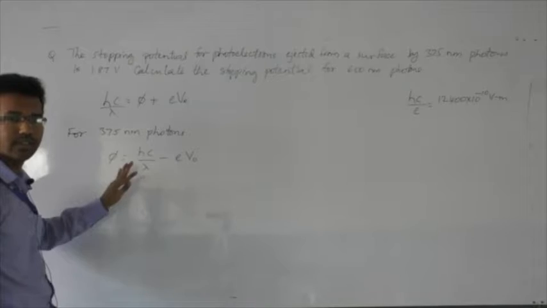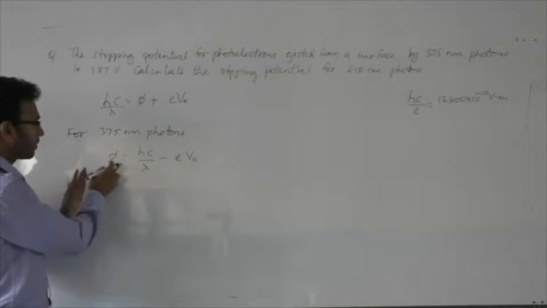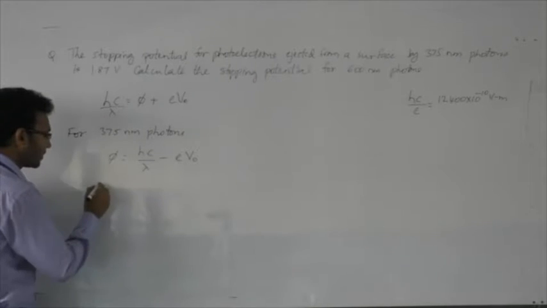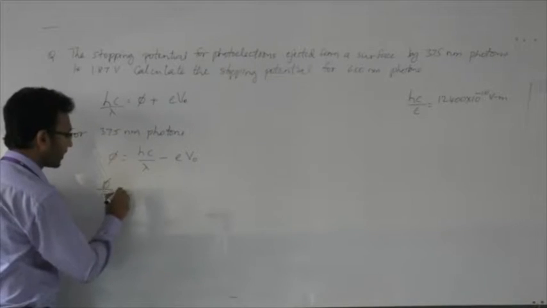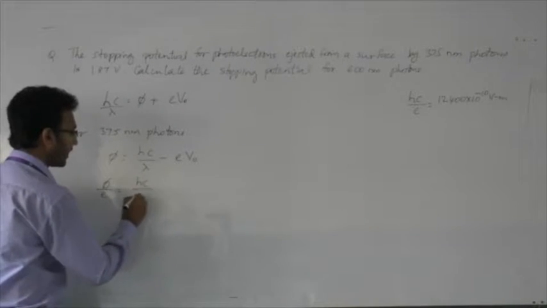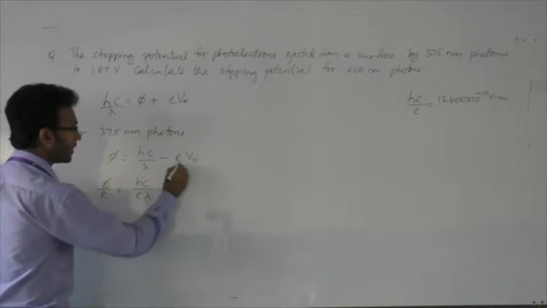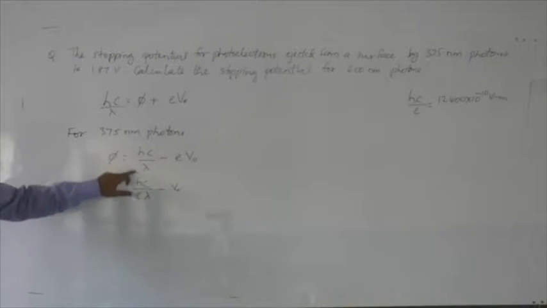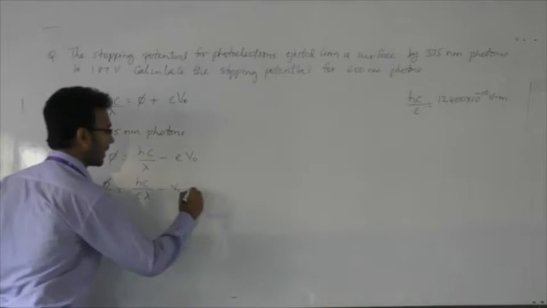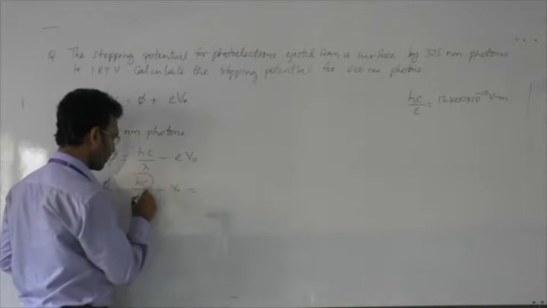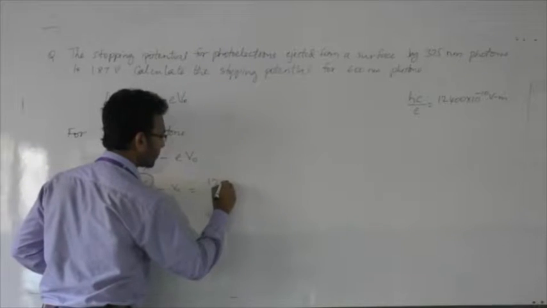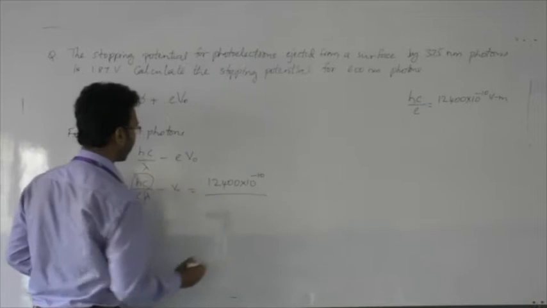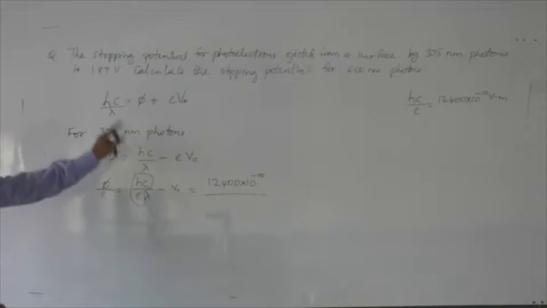So just like our previous sums, I divide by e on either side. So phi by e equals hc by e into lambda, minus V naught. Now substitute hc by e, which is 12,400 into 10 power minus 10, divided by lambda.